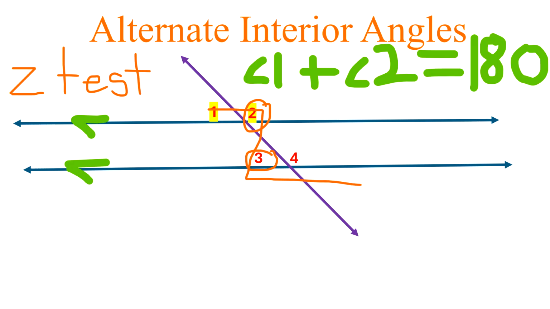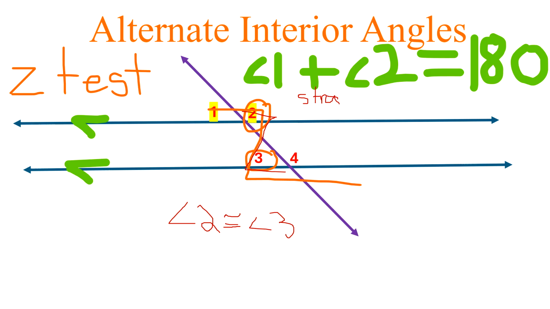Now for an interior angles test or an alternate exterior angles test, you do the z-test. And all you do is you simply say, if this is the angle here that's 2, what is the z from it? It's 3. So your angles of congruency are: angle 2 is congruent, which means equal, to the measure of angle 3. Angle 1 and angle 2 are equal because of the straight line theorem, or straight angle theorem. Don't get that confused.